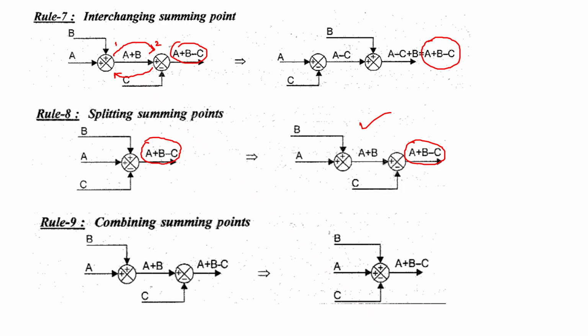Then again I can combine these summing points, vice versa of the previous splitting. If I have two adjacent summing points, I can combine them to form an equivalent form where the output does not vary.